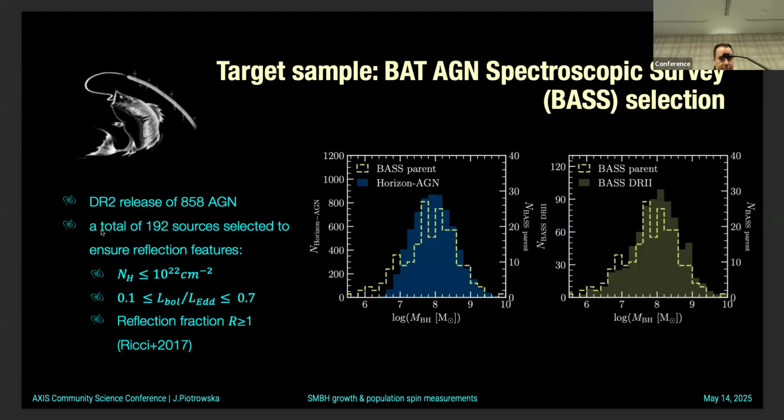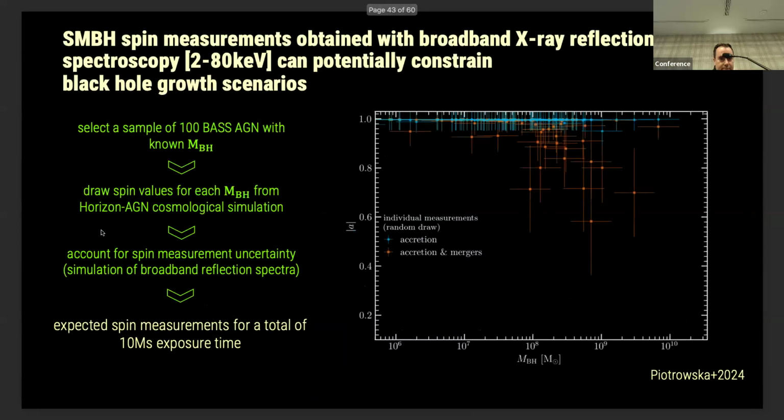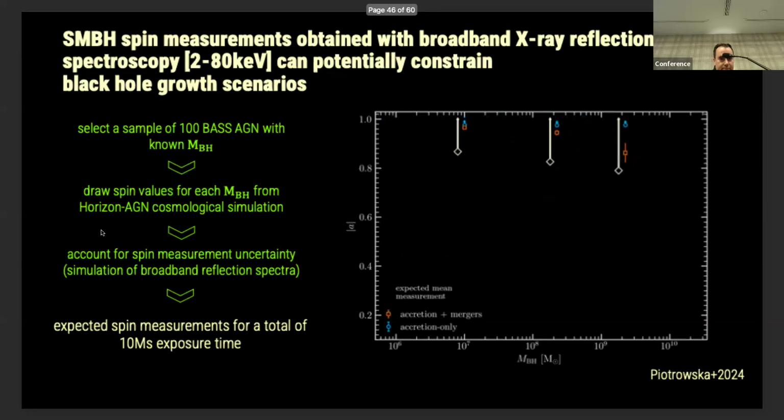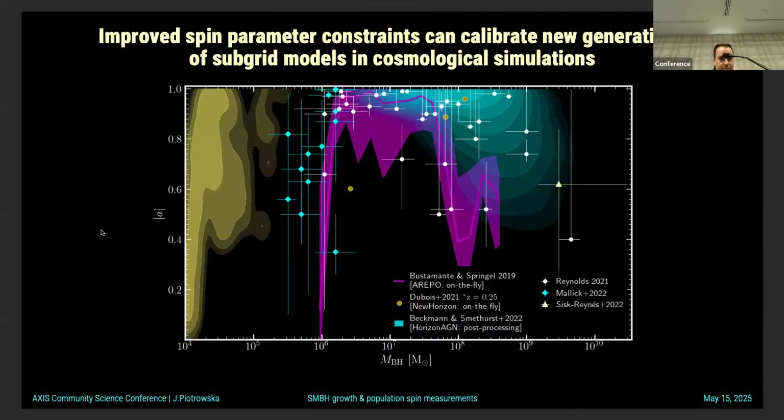The other question is, when you are showing the plots with the spin measurements, they are over a range of redshifts, right? So when you're overplotting the simulations, are you looking at the same bins? Like how are you doing the comparison? These ones you mean? Yeah. Well, in practice, most of these sources do not reach very high redshifts, right? One or less.